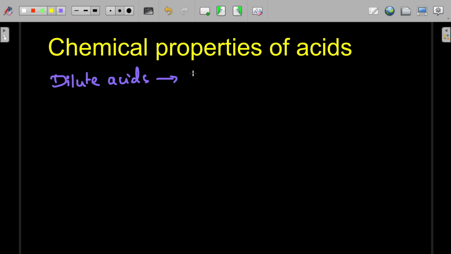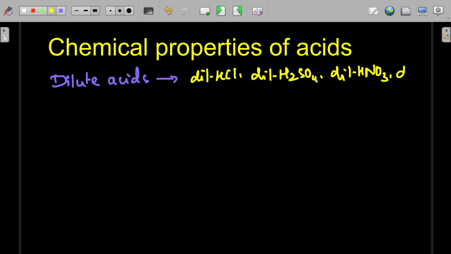Which are those? You can take dilute HCl, dilute H2SO4, dilute HNO3, or even the organic acid, dilute CH3COOH, acetic acid. All of them will give you the same reactions.